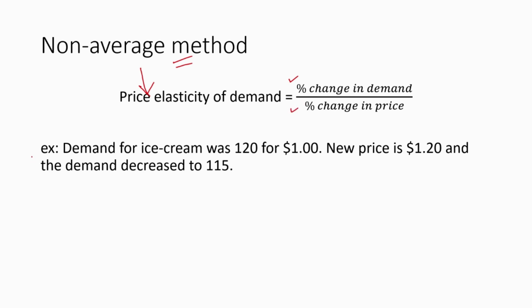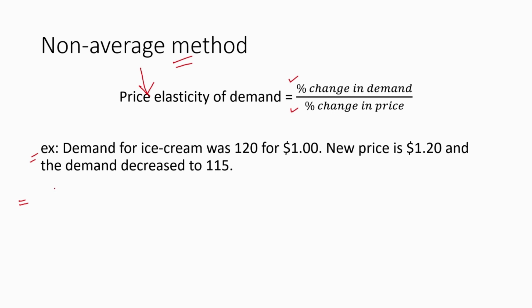Let's do this example. Demand for ice cream was 120 at $1. The new price is $1.2 and the demand decreased to 115. Now let's calculate the price elasticity of demand using the non-average method. We have to find the percentage change in demand as well as the percentage change in price. I'm going to directly use these percentage changes for the numerator and the denominator.